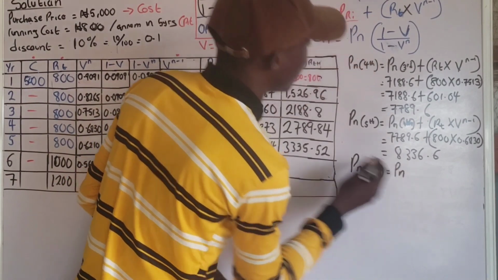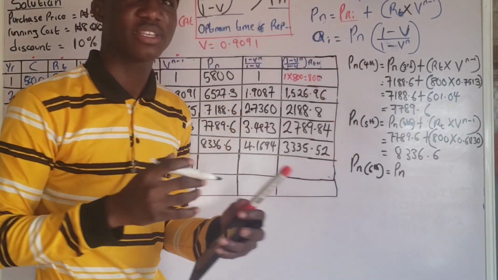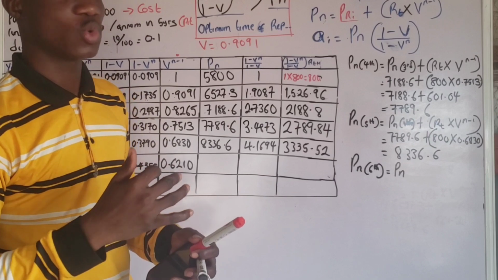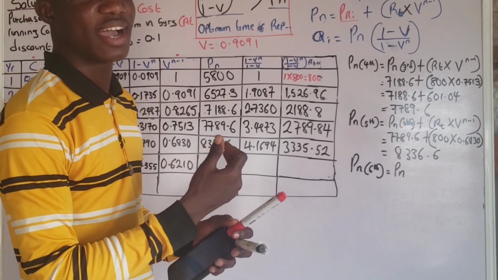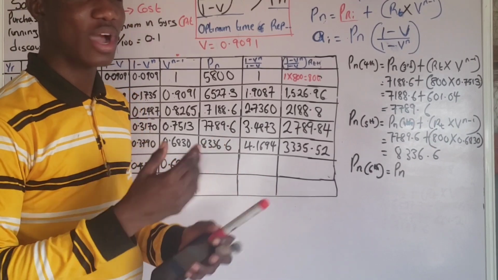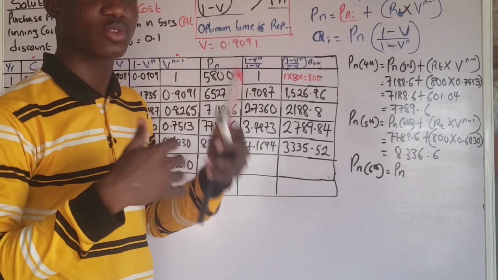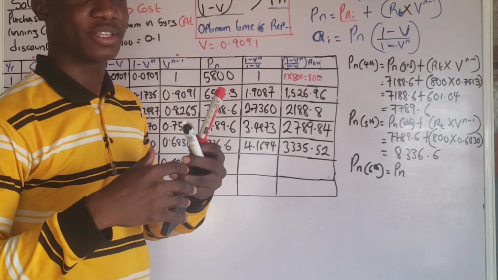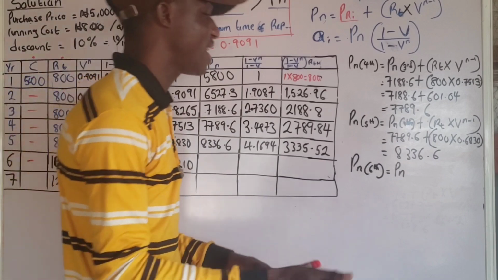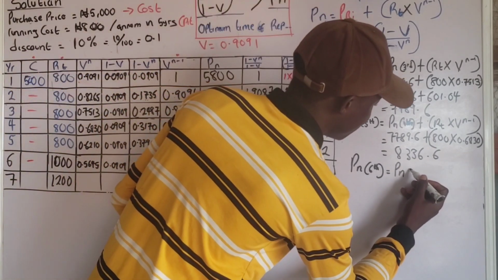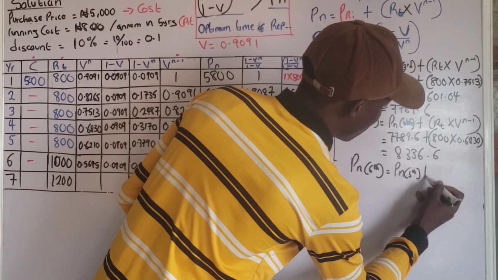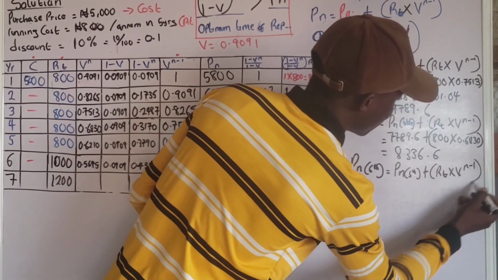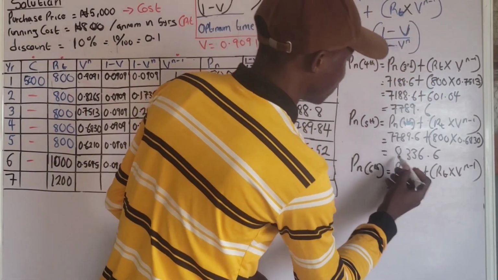I just modified this formula to help you comprehend how to solve the question, so that you won't find it hard to remember the formula in your exams, okay? So here we are going to have PN of the 5th year plus RT multiplied by V raised to the power of N minus 1, okay? So the PN of the 5th year is what?